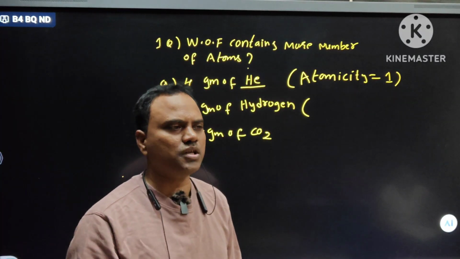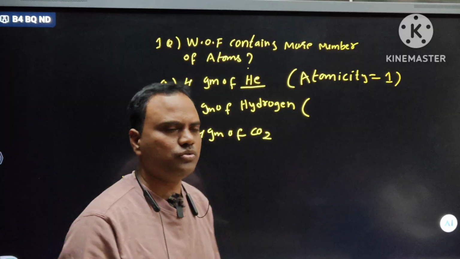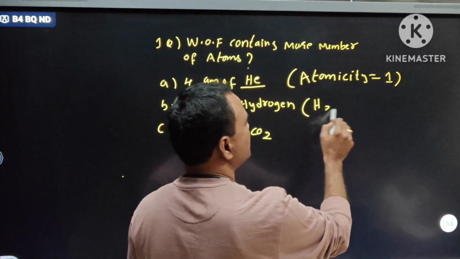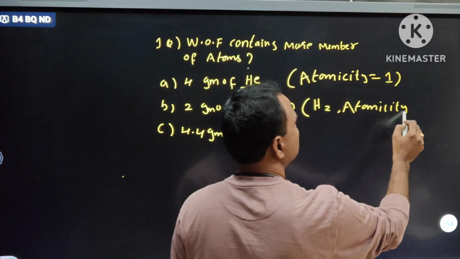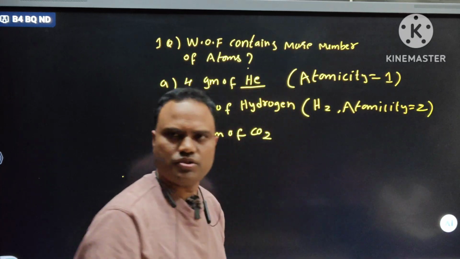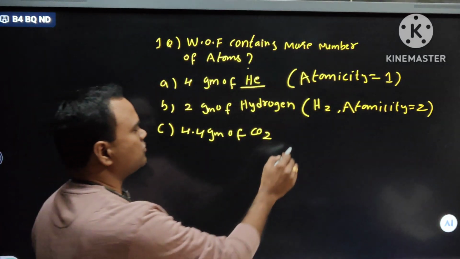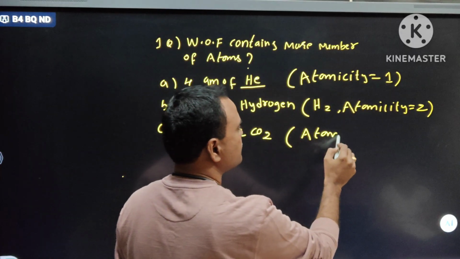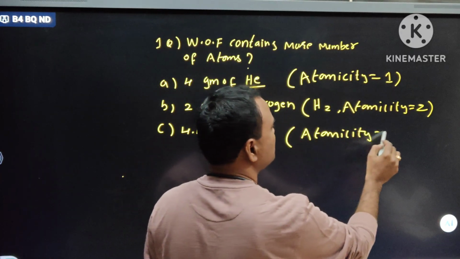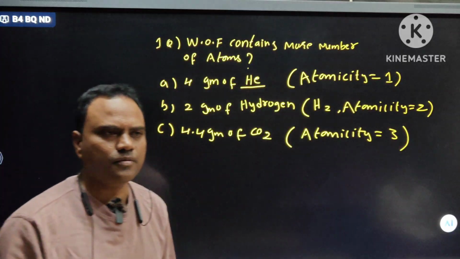Hydrogen we have to consider as H2. So atomicity is equal to 2. Clear? And CO2, the formula is directly given, so atomicity is equal to 3.